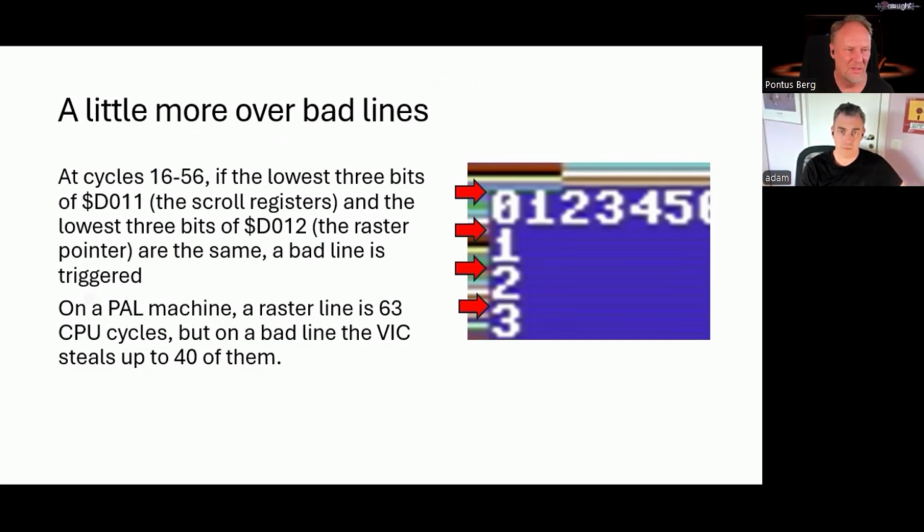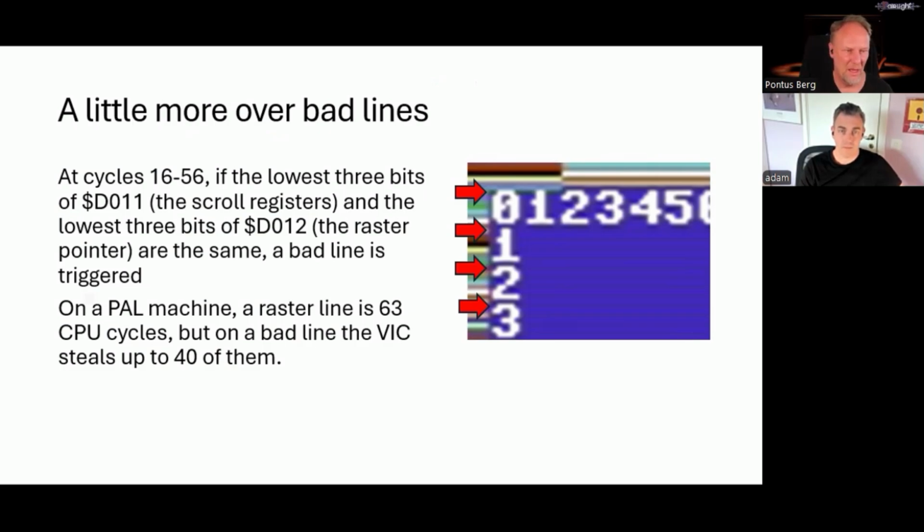I've said raster pointer or raster counter, I don't think it matters, but it shows which raster line you are on. Actually, it's the lowest 8 bits of that, because there is also 1 bit in D011, because we have more than 256 raster lines, and the D012 register can only hold the lowest 8 of them.